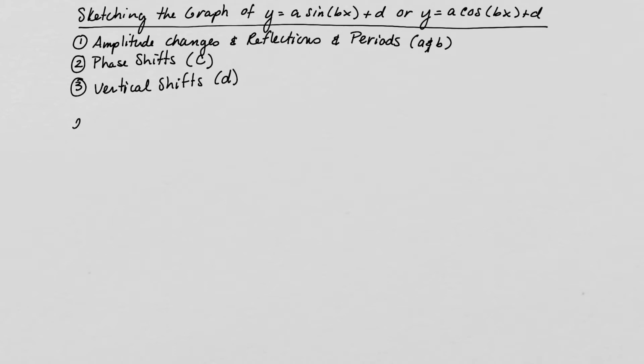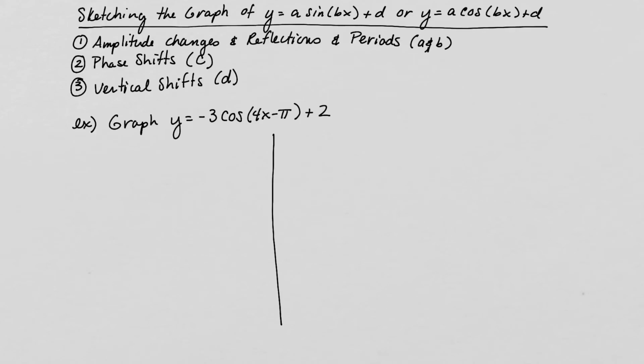So for example, let's say that I want to graph y equals -3 cosine (4x minus pi) plus 2. I'm going to make a fairly big graph here since we're going to be doing everything on this one graph.